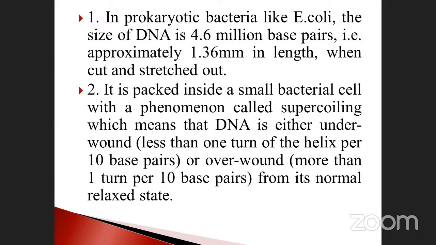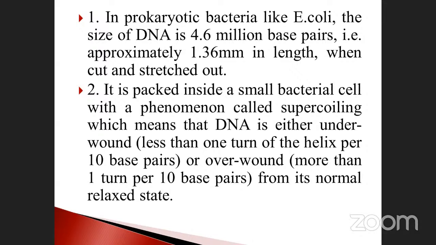This 1.36 millimeter is packed inside the small bacterial cell by a phenomenon called supercoiling. Supercoiling is a round shape coiling, which means the DNA is either underwound, less than 1 turn of the helix per 10 base pairs, or overwound, more than 1 turn per 10 base pairs, from its normal relaxed state.